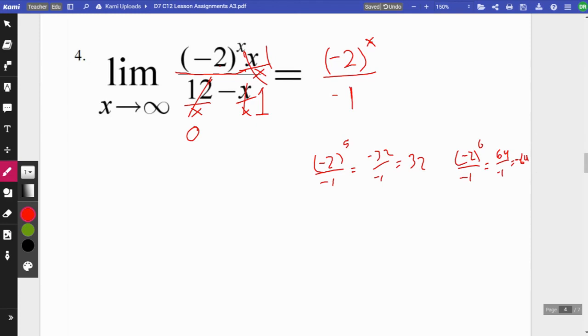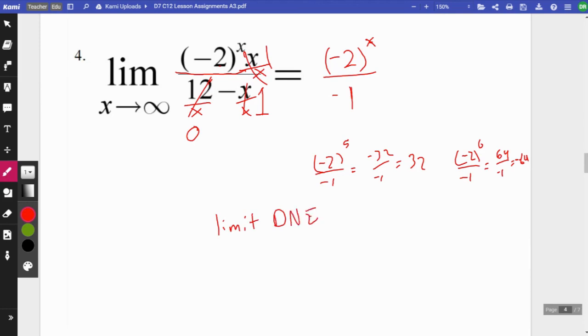So it's really hard to say as we continue to plug in larger and larger numbers, like 500 billion, thousand, millions, whatever, just a really large number. You're going to get some number that has a negative or a positive sign. And the next larger number after that you plug in, it's going to bounce back to the other side. Now it's positive, a really large number. So in this case, because it's bouncing back and forth between positive and negative with every increasingly large number you plug in, we can say that the limit does not exist.